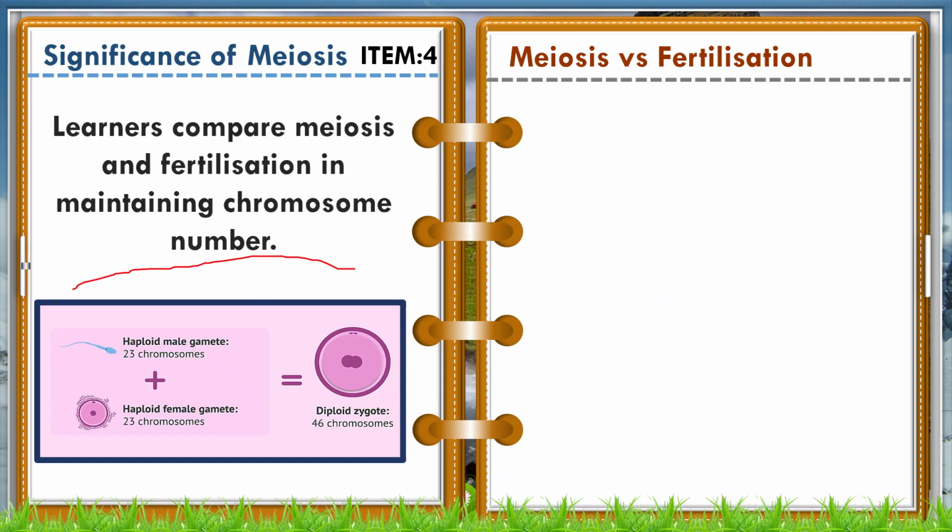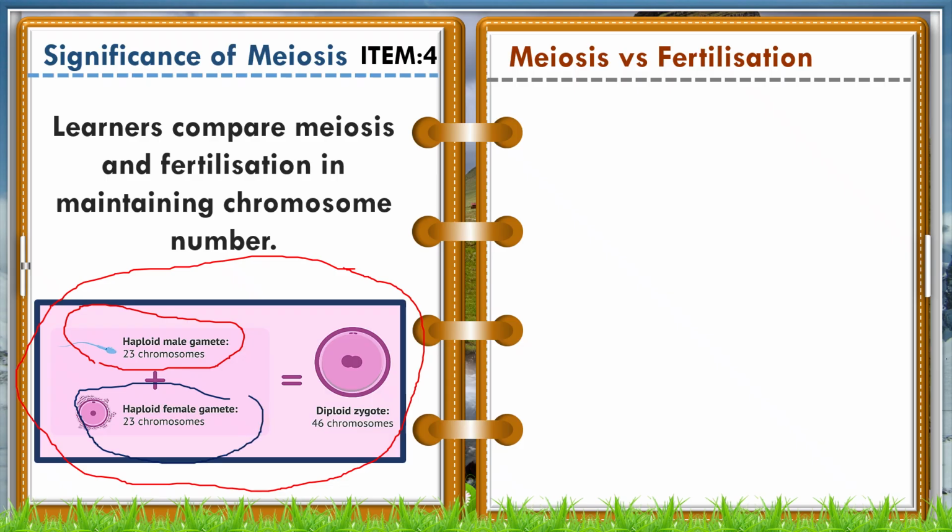So our diagram, what we are seeing here, is a diagram of fertilization, whereby we have a haploid male gamete with a total number of 23 chromosomes, and a haploid female gamete with a total number of 23 chromosomes.